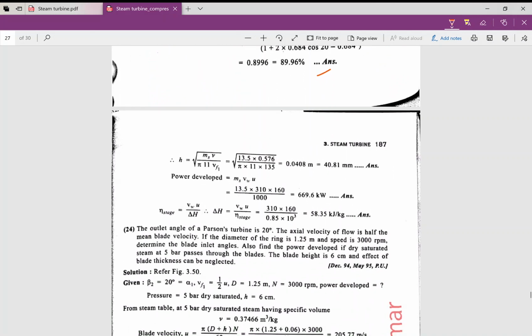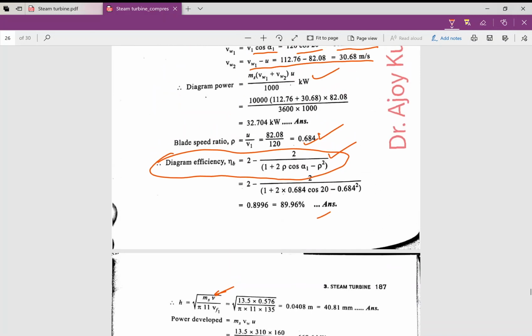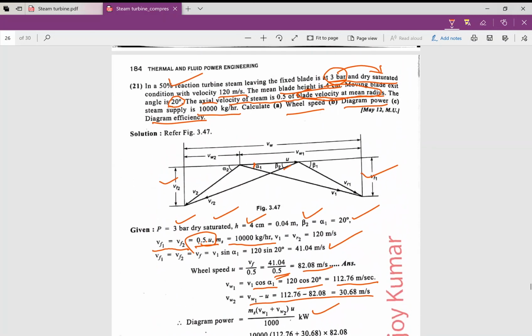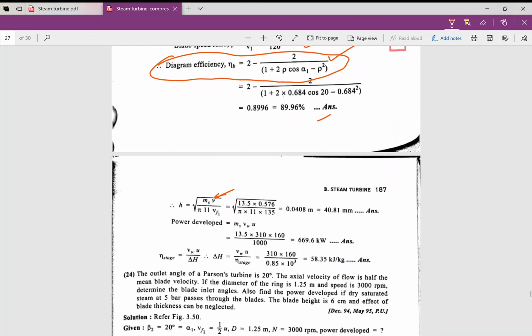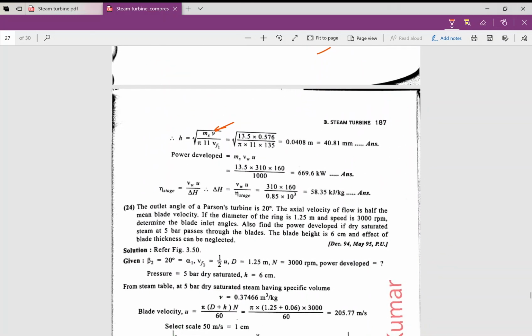Yeah, now for getting value of v, pressure value is given 3 bar and dry saturated. So at 3 bar and dry saturated, we can get from steam table or Mollier chart, that is 0.576.